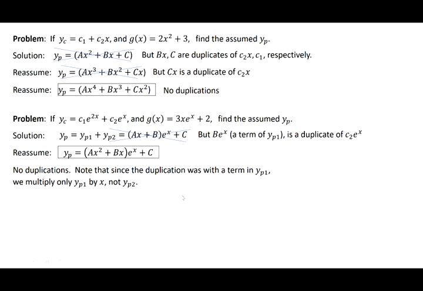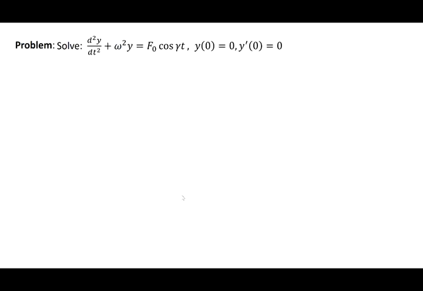Okay, there are quite a few problems in this, just a laborious process, but I think I have taught you pretty much all the concepts here. So let's look at this problem. I like this one because it actually represents an interesting physical problem. The governing differential equation of a spring mass system, right?